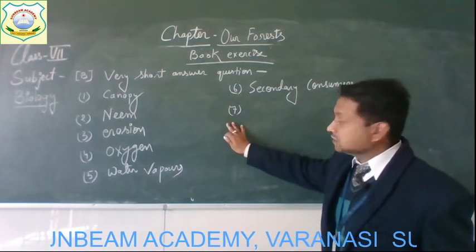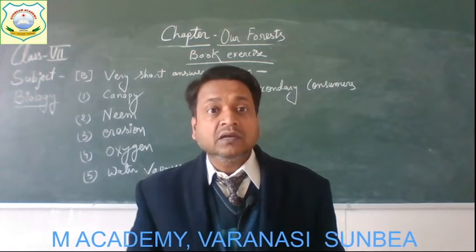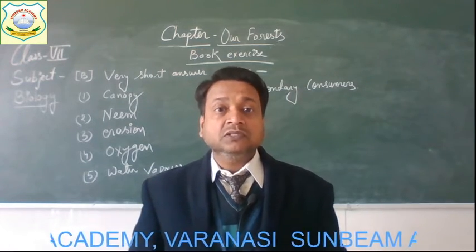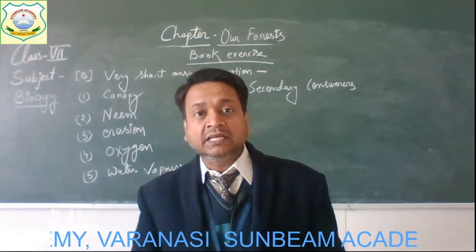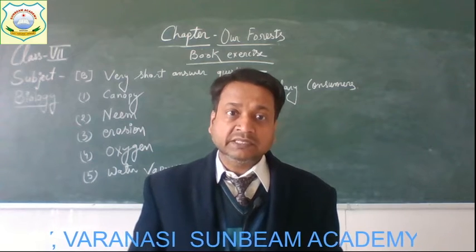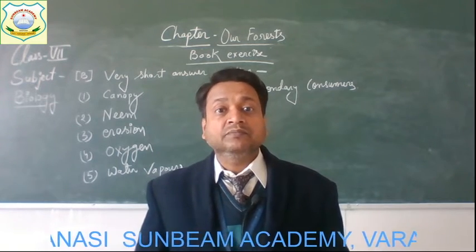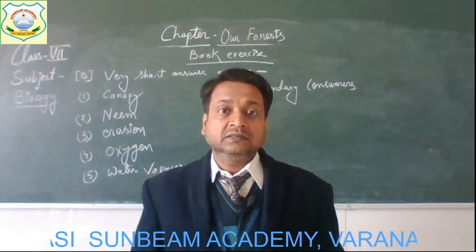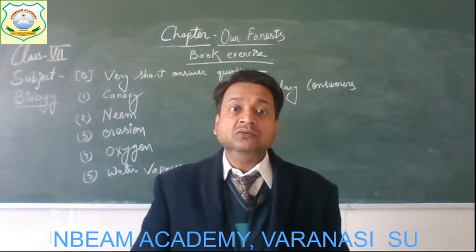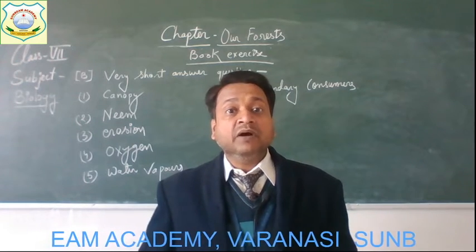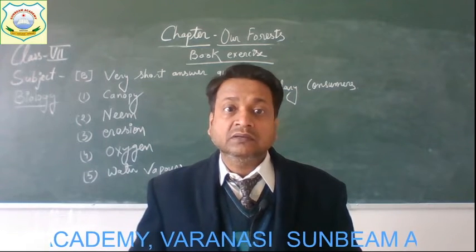Now come to question number 7. The question is, a food chain shows the flow of energy from one organism to another, which we have already discussed. Where did this energy come from in the first place? Children, in this question, you have to write where the energy comes from in the first place in a food chain.